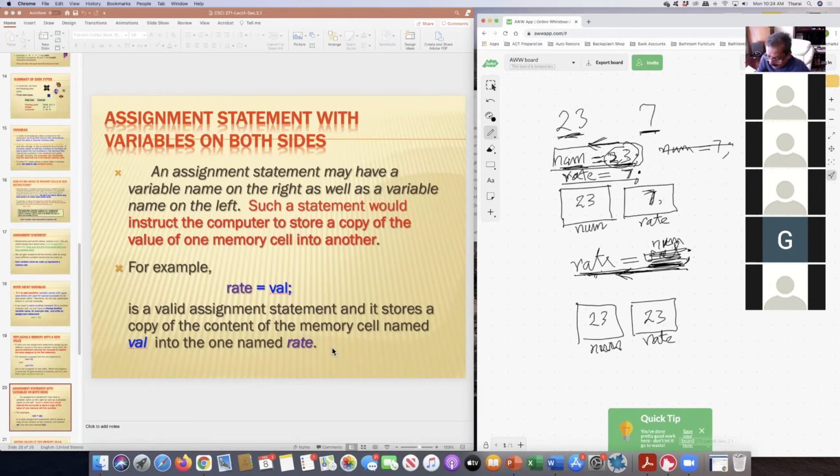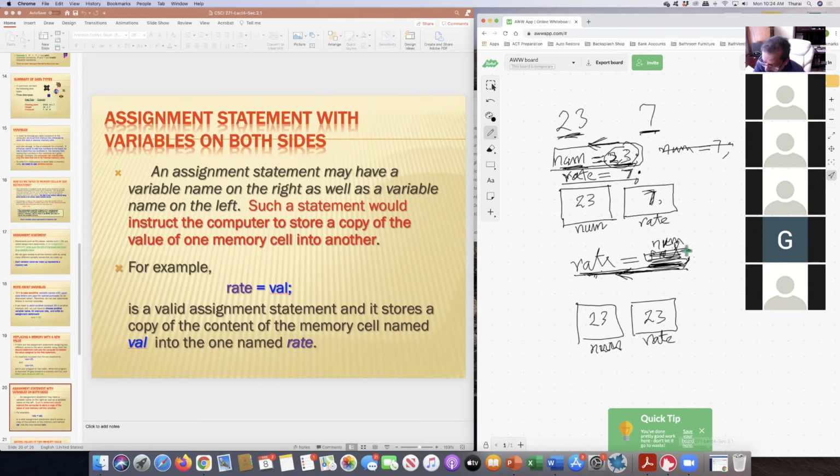I didn't follow that question. Are you changing rate equal to num to the other way around, num equal to rate? Just the semicolon, that's the only difference.